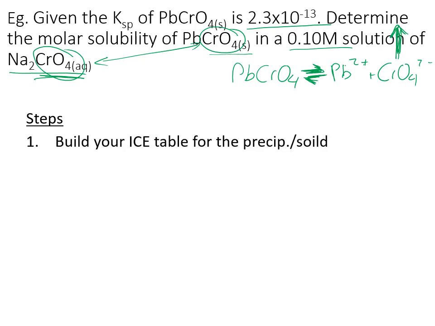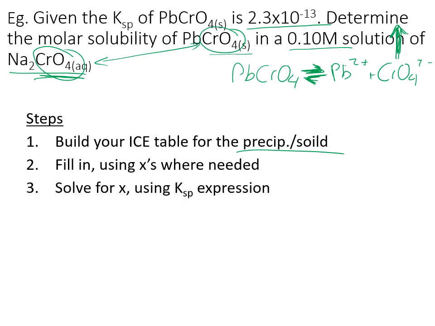So let's build our ICE table. For the precipitate, or the solid that we're talking about, we're going to use our variables where we don't know what the concentration is going to be. We're going to solve for x just like before using the equilibrium expression, in this case the solubility product constant expression. And again, we're not just solving for x, but we want to associate that with an answer.